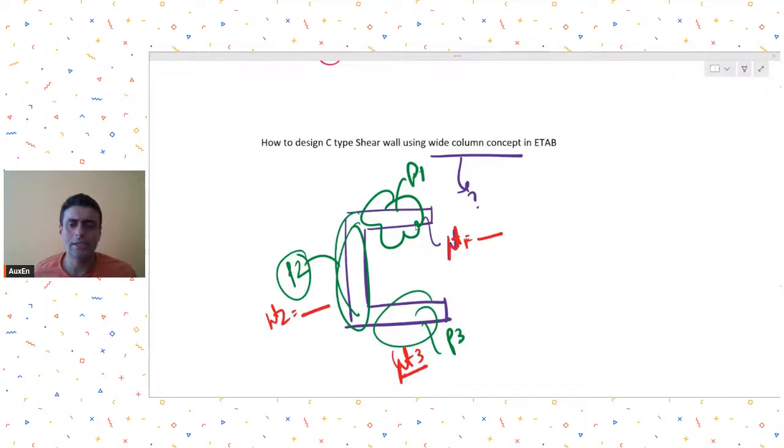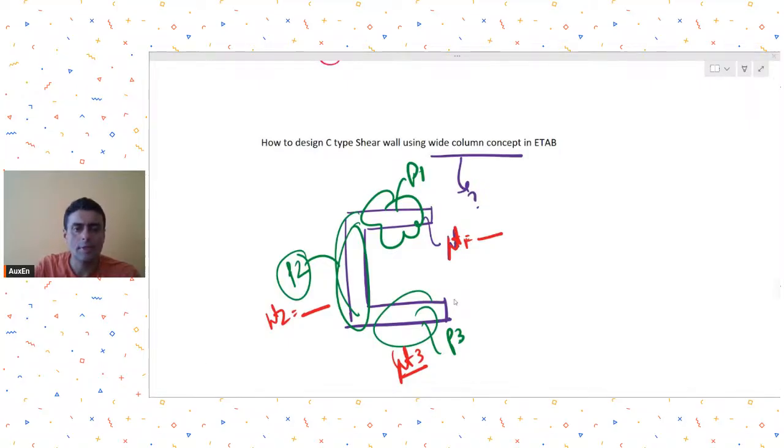But otherwise the analysis and design process of any shape of shear wall will remain the same as it would be for any rectangular type of geometry. Okay, so nothing changes, but just remember to assign different pier labels to different legs. Okay. So this was Engineer Sanjay Kumar from Jhanjarpur near Madhubani, Bihar.